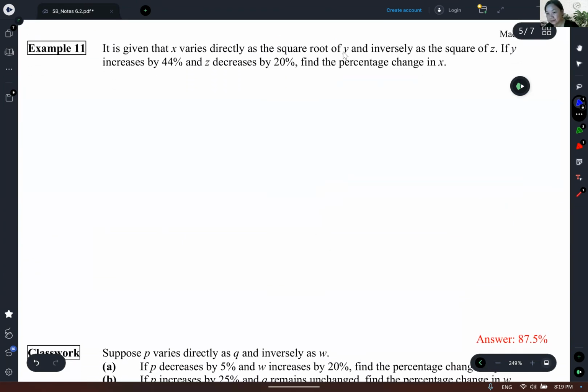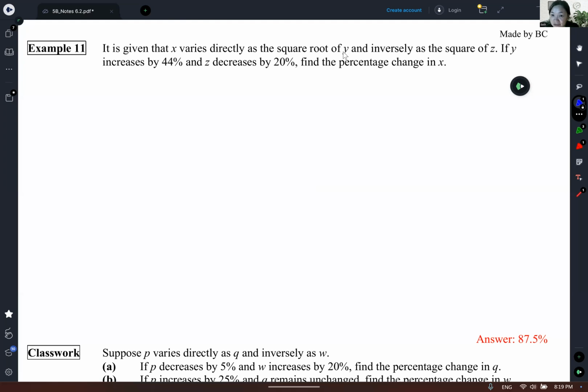Example 11. We're talking about another example of showcasing how to find percentage change. Now you can observe that in the previous lessons before the discussion of the percentage change, for each variation we had one example of plotting graph, right?